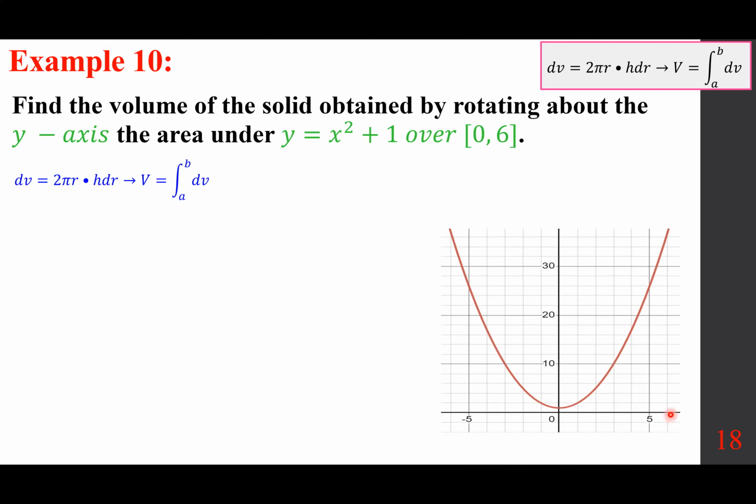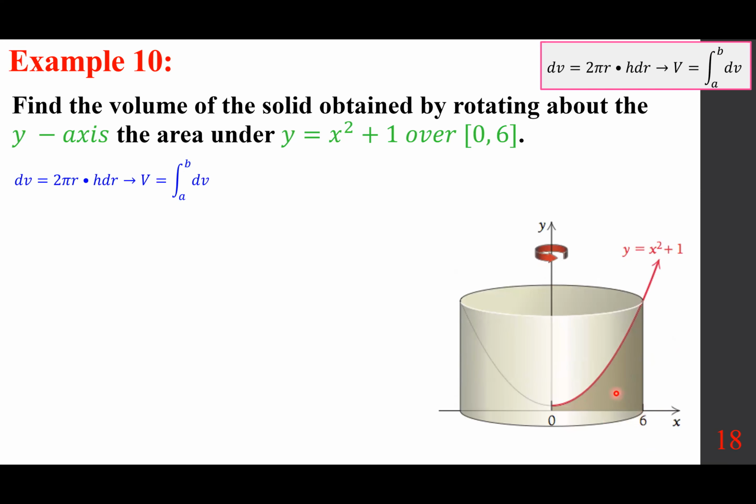Just for the sake of argument, at 6, we get 36 plus 1 is 37. And so we are looking at the area under this curve over 0 and 6. So this area.